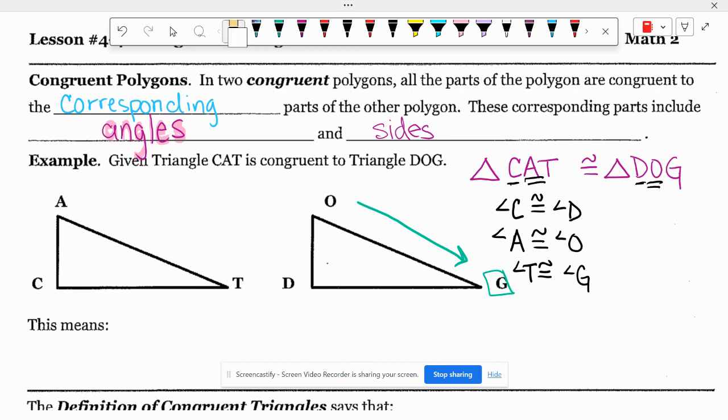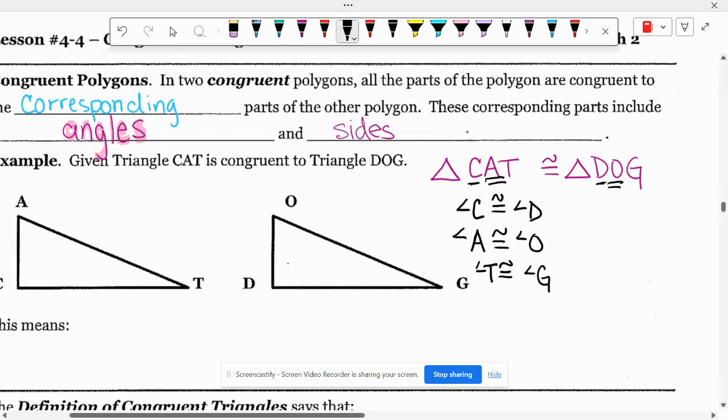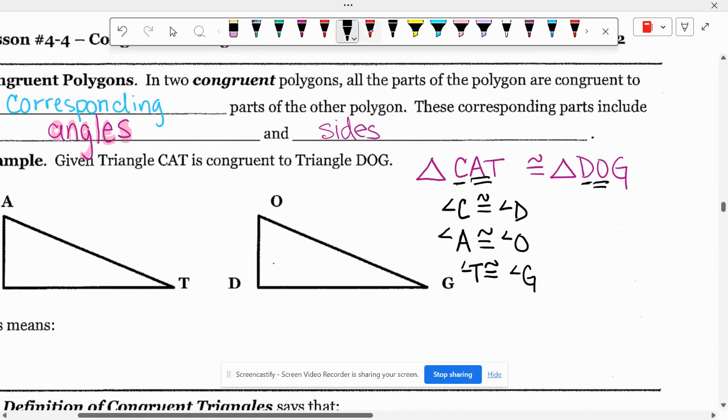You can still not even look at a picture, just look at the name of the triangle. When I think about the sides, I know that segment CA, the first two letters, is congruent to segment DO. What are the next two letters?